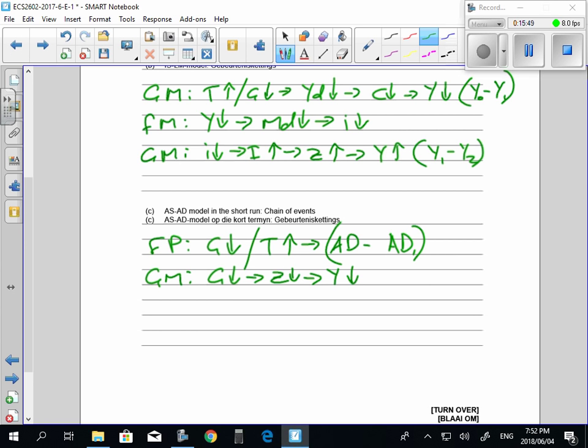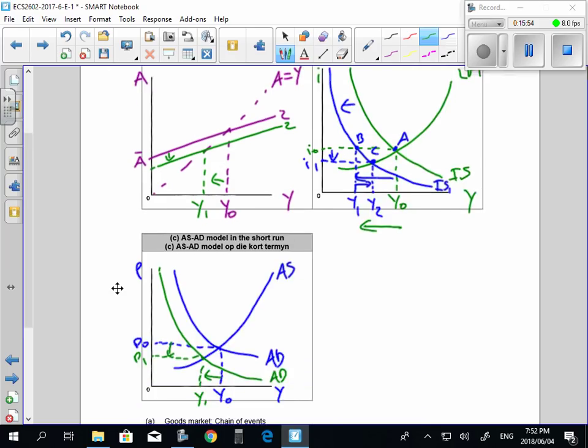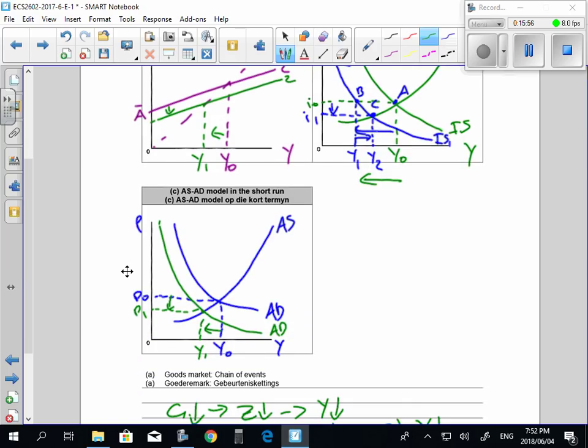All right. So, why has the demand for goods and services decreased from Y0 to Y1? Output and income has decreased in our goods market. But we haven't explained what happens to price.